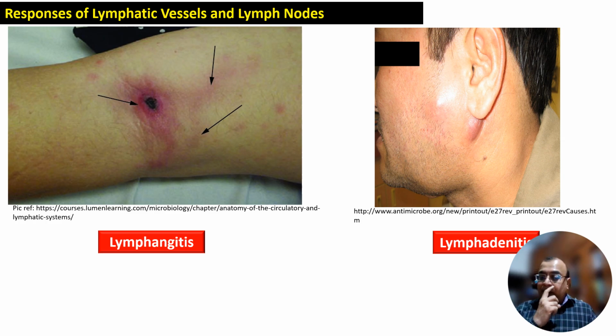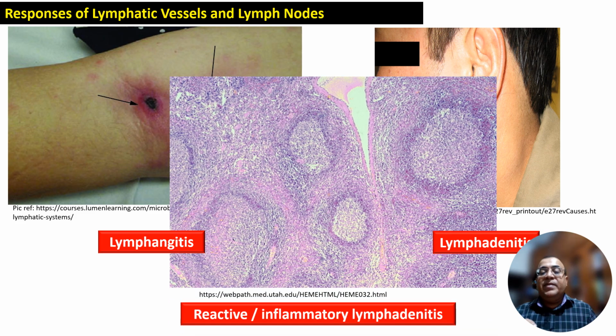The enlargement of the lymphatic gland is termed lymphadenitis. And here this microscopic picture shows reactive or inflammatory changes in this lymph node with formation of active germinal centers.